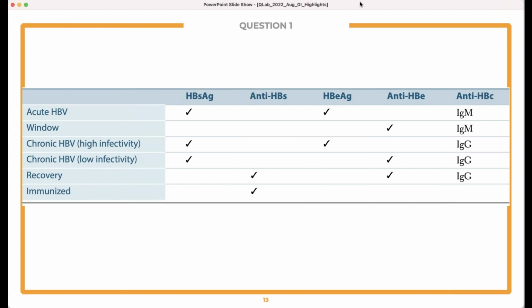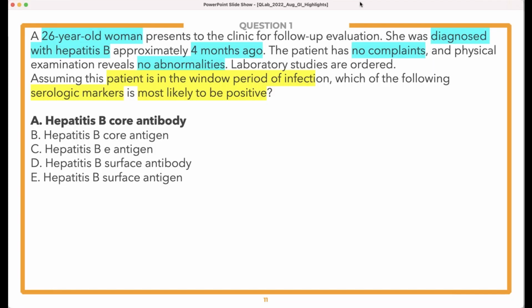Your surface antigen and your surface antibody are not detectable. So if we go back to our question and look at the answer choices, answer choice A, antibody against the core, is the only one that would be positive. Like we said, your surface antigen and surface antibody are not detectable. Those are the two cutoffs for the window.